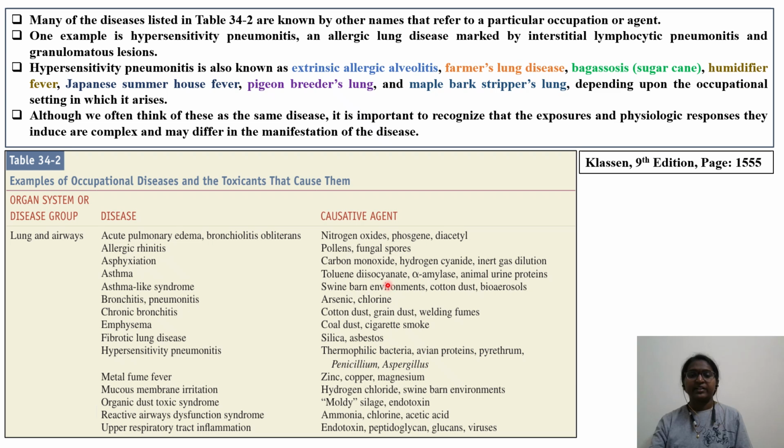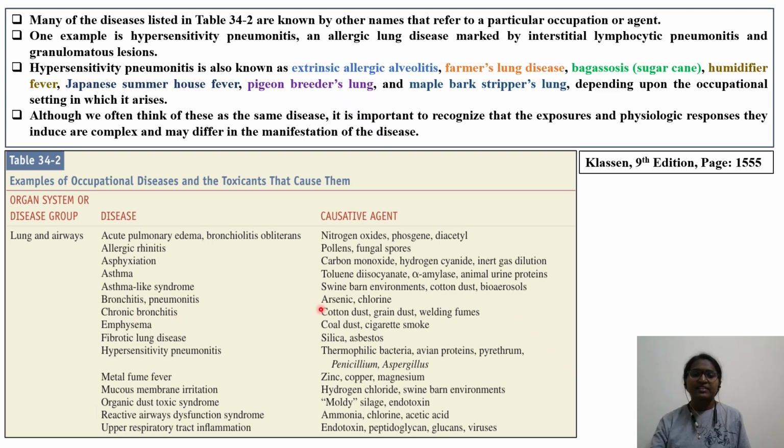Many questions on TDI you will be getting. Alpha amylase, animal urine proteins, particularly animal care personnel or the veterinarians who are working in the GLP facility or animal facility, they might get asthma-like syndrome. Swine barn environments, those who are working in the pig handling facility will be there, cotton dust and bioaerosols.